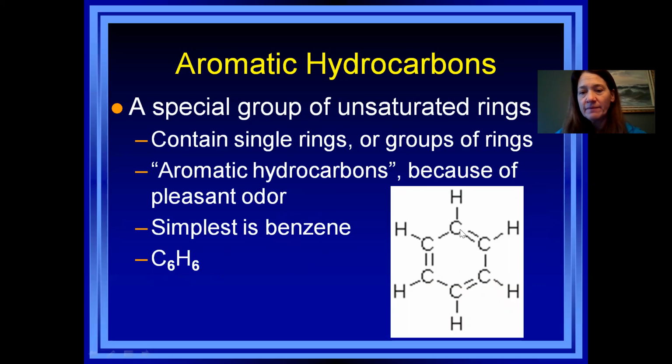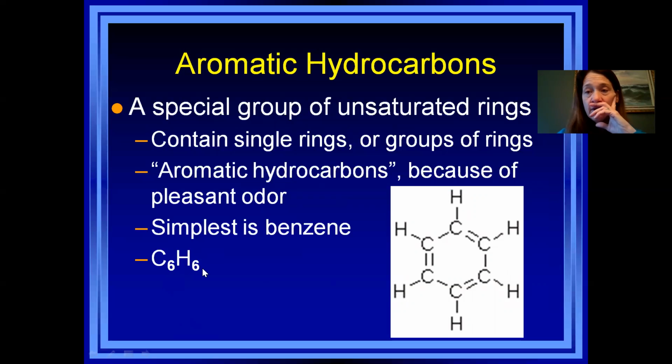Here's this carbon. How many bonds does it have? 1, 2, 3, so that means it needs one more. You just put in one hydrogen. This carbon, how many bonds? 1, 2, 3. You need one more hydrogen. And of course, for all of them. So when it's all said and done, you have 6 carbons. How many hydrogens? 1, 2, 3, 4, 5, 6.